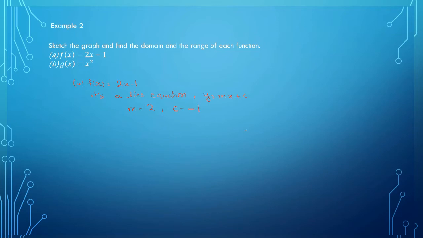So how can we draw this? First, we draw the y-axis, the x-axis, and then we start from -1 on the y-axis, c, and then according to the slope, which is equal to 2 over 1, we move 2 steps to the right and then 1 step up.